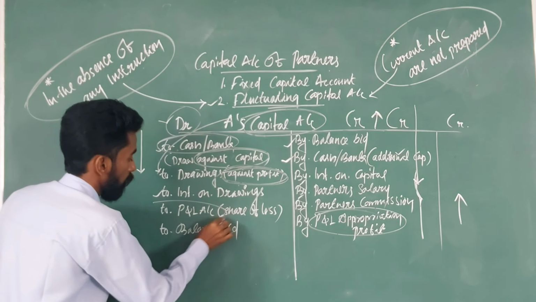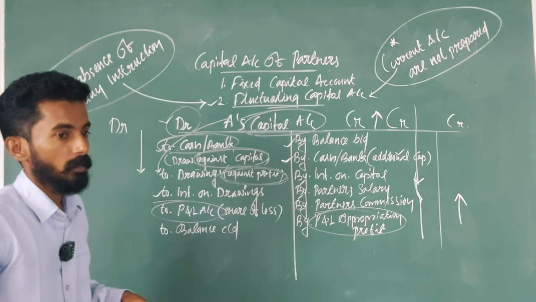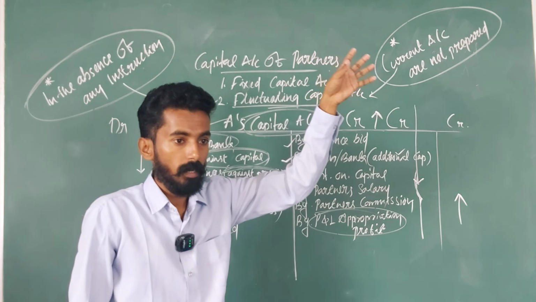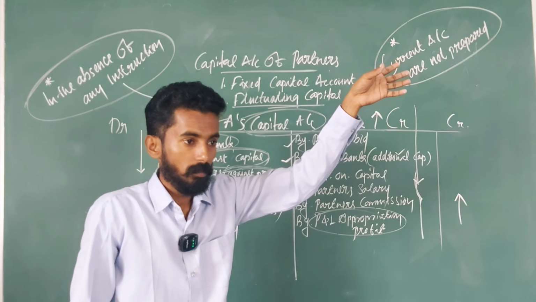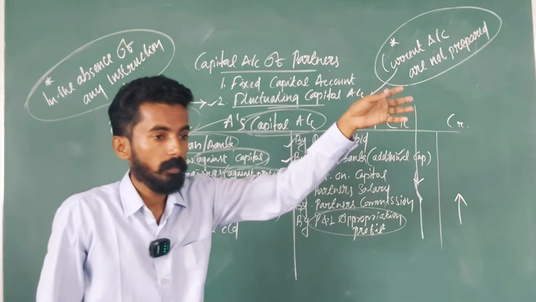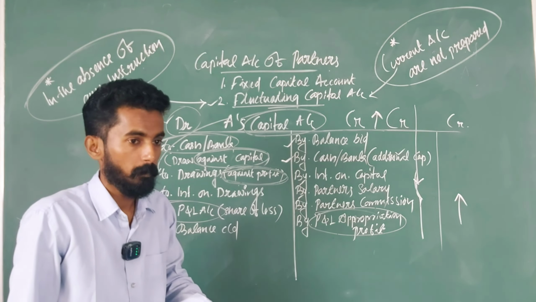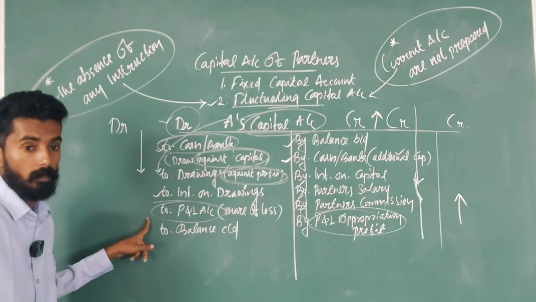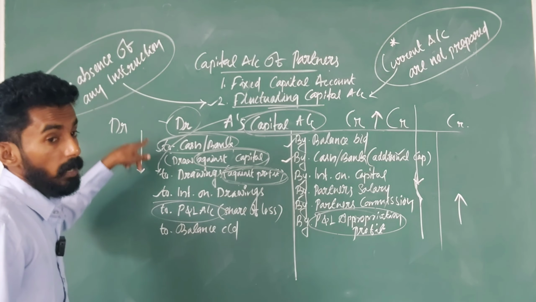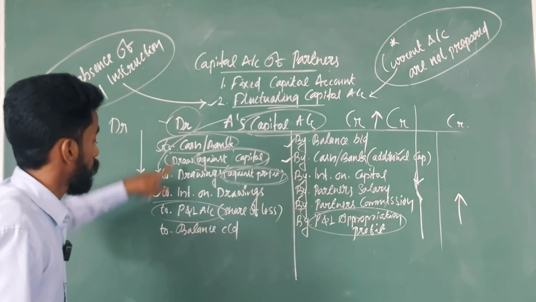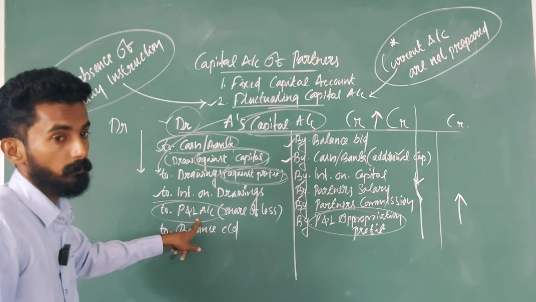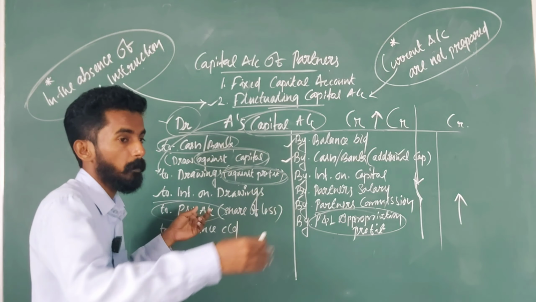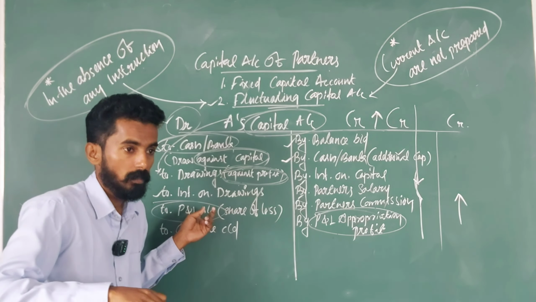Next one, P&L account. Suppose a partnership firm is incurring a loss of rupees 1 lakh, that loss we are going to transfer into appropriation or directly to partners' capital? Directly to partners' capital we are transferring. Entry is partners' capital account debtor to P&L. Because if a partnership firm is distributing profit, capital is going to increase or decrease?